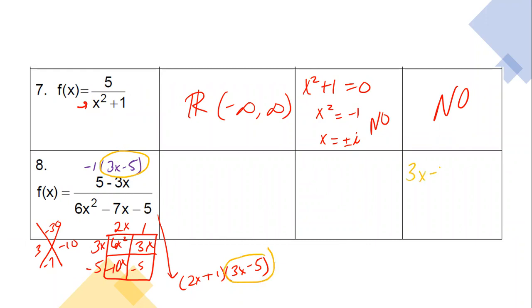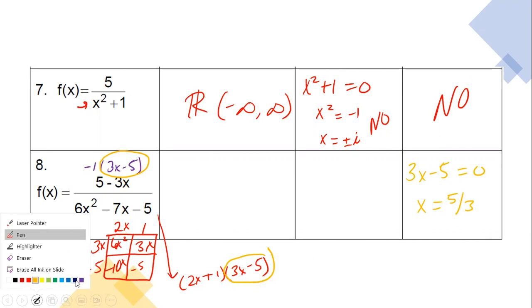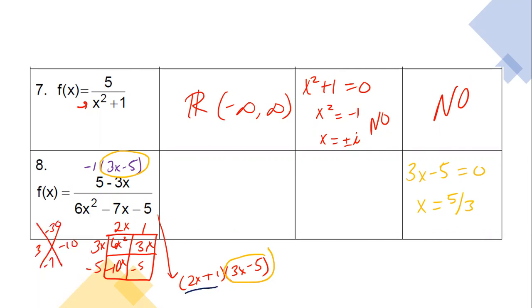I take 3x minus 5, set it equal to 0, and therefore x equals 5 divided by 3. Then whatever is left in the denominator is where my vertical asymptote is. What's left is 2x plus 1, so 2x plus 1 equals 0. So x equals -1 divided by 2 is my vertical asymptote.